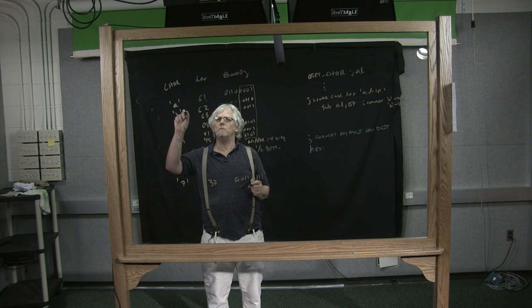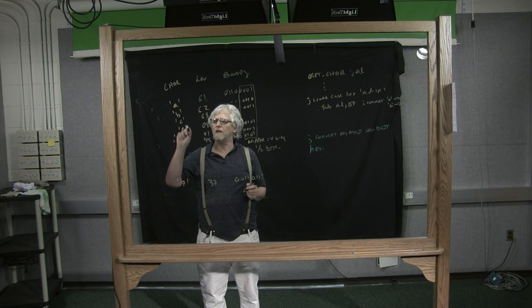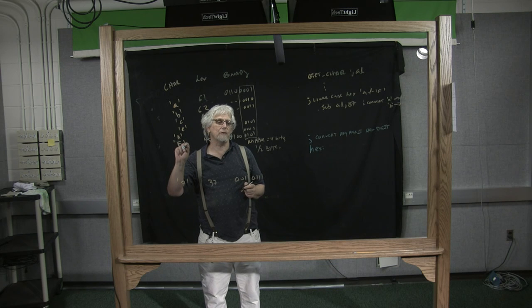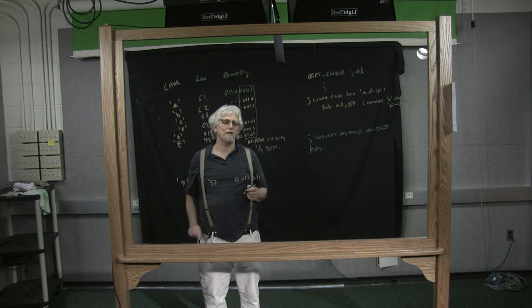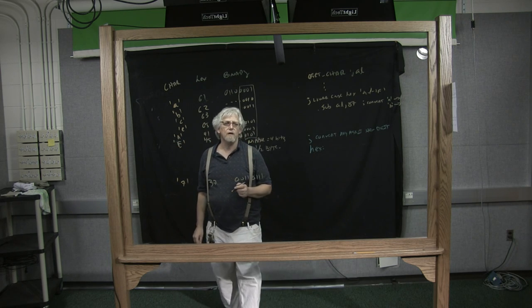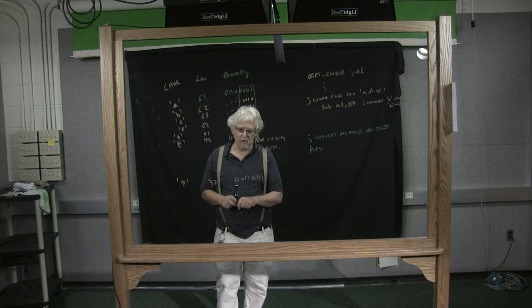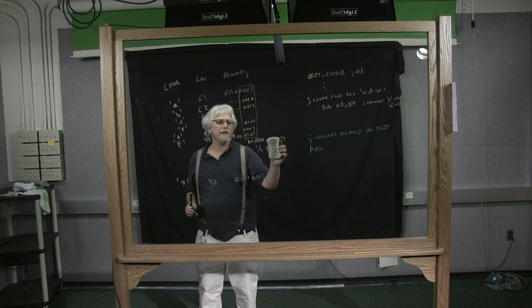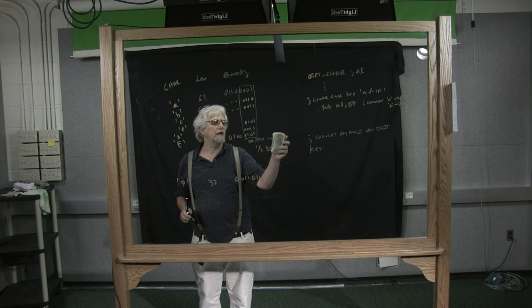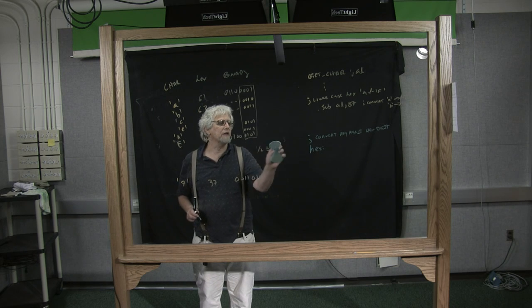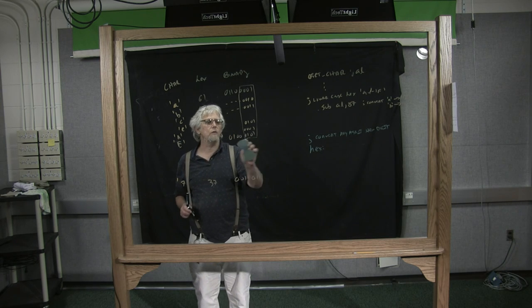A would be 1, B would be 2, C would be 3, uppercase A would be 1, so on, uppercase E would be 5, uppercase F would be 6, right? What happens if I take one of these things and I just AND it with 1111?